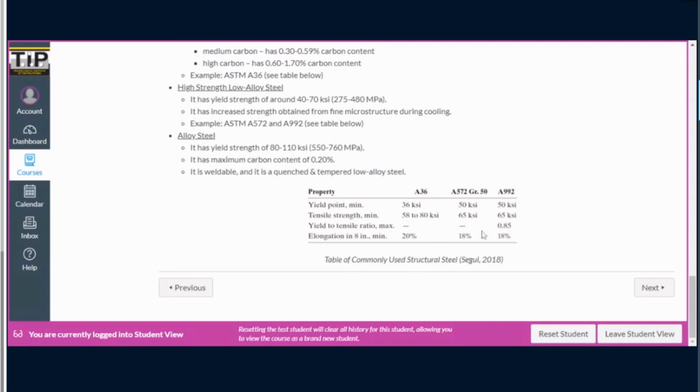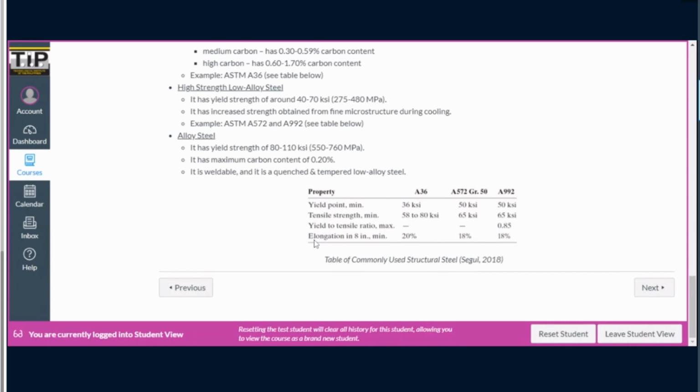During the course, we will be more confined to these three: A36, A572, and A992. These are the expected minimum required material properties: the yield point, the tensile strength, the ratio, and the elongation. We will discuss more about these properties later on.